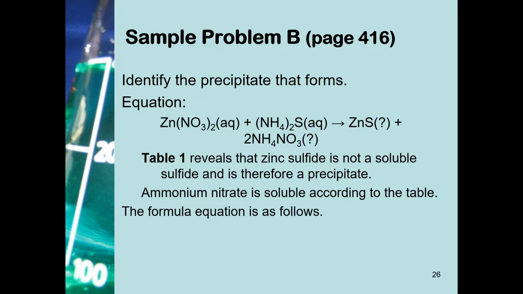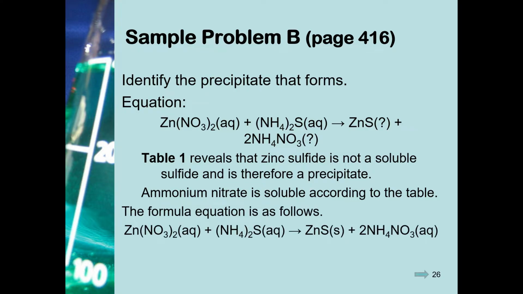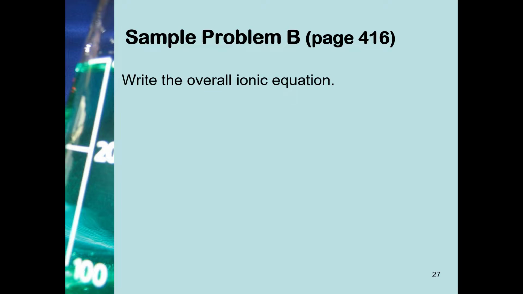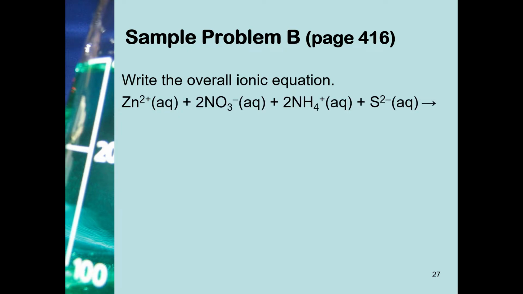So the formula will look like this now. Where the first question mark was, we put an S because that's our precipitate, and an AQ for the second one because it will remain dissolved in water. So the overall ionic equation, the one where we show everything as ions, we have zinc nitrate, and notice that we have a 2 in front of nitrate because in the original formula there was a parentheses around the nitrate and a 2 subscript.